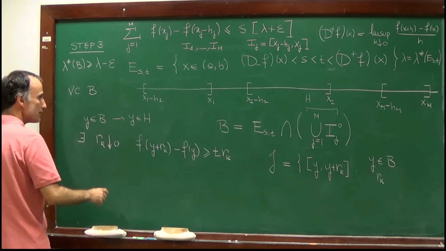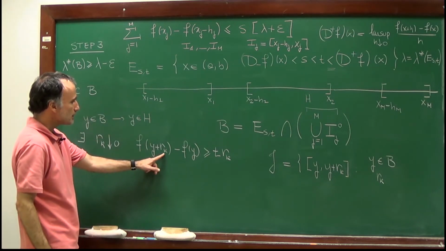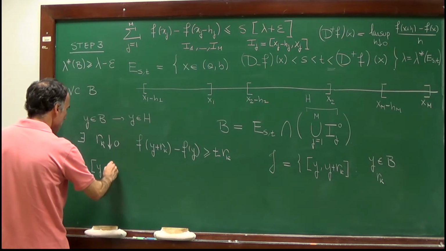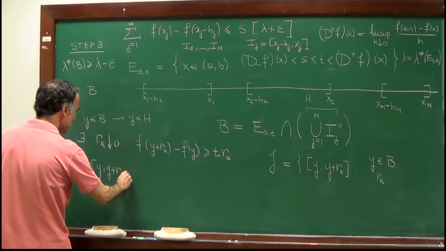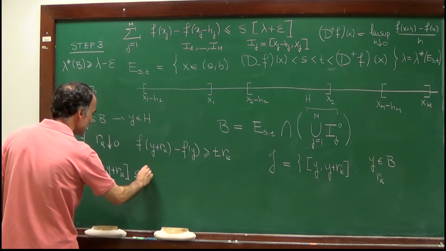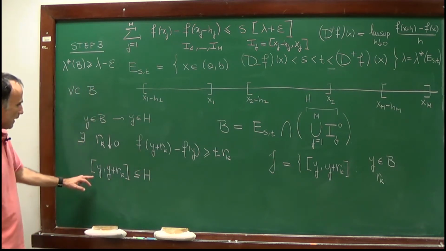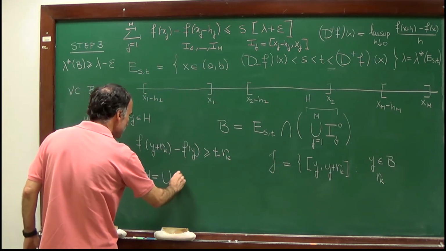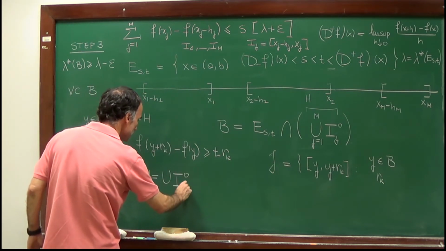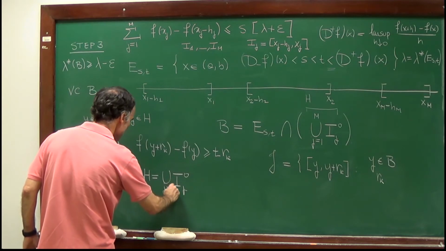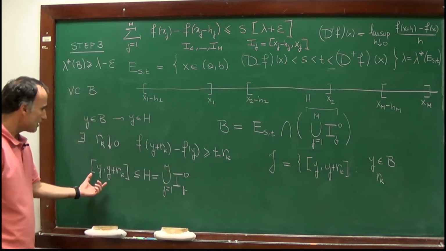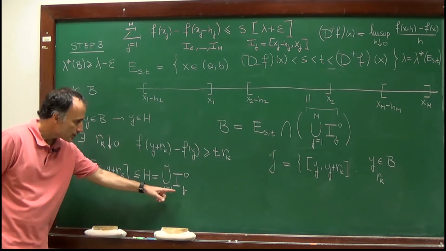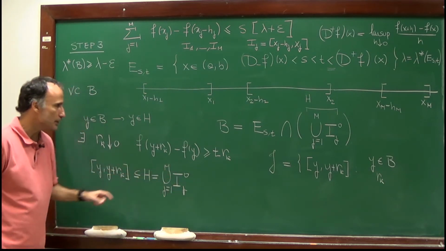This means that if r_k is sufficiently small, then the interval y plus r_k is contained in this open set H. And this open set H is actually the union of these disjoint intervals, so this interval is contained in one of these open intervals.